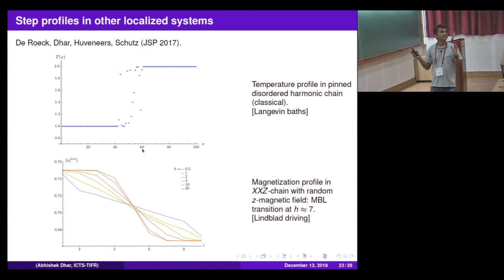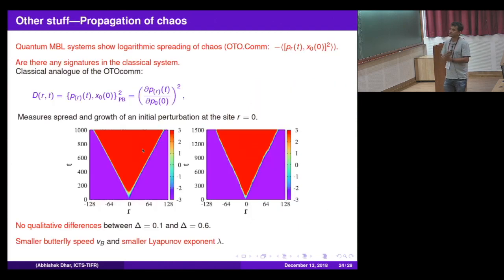And you clearly see these step profiles. So this is in a XXZ chain with Lindblad driving, and as you go to the MBL phase, you see these clear step profiles. So what I showed here is that you see similar profiles out here.